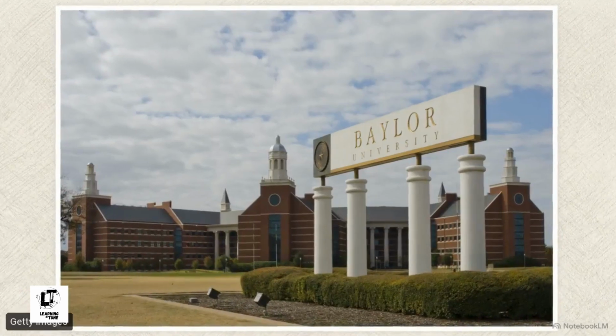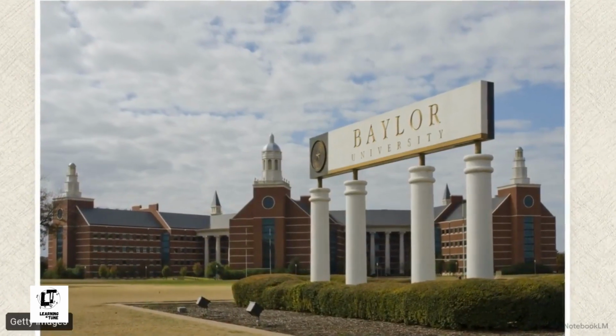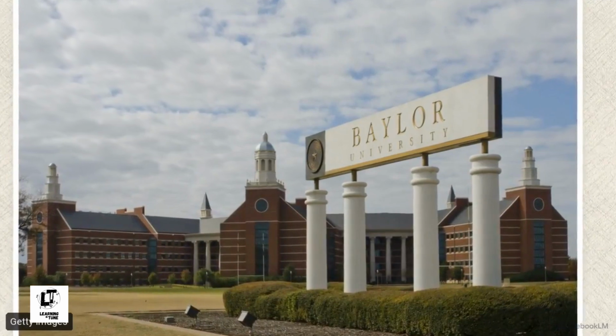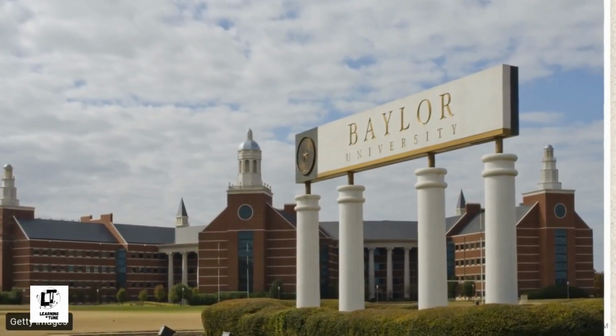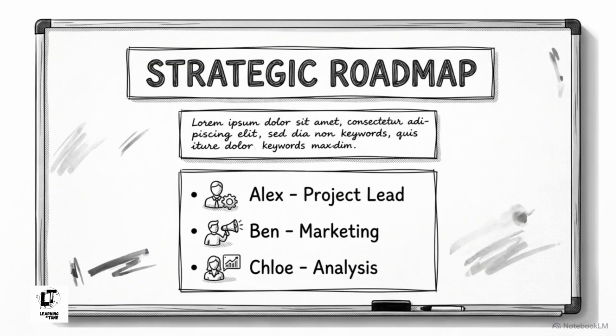For organizations with no existing strategic framework, Baylor University provides a generic, baseline plan for nonprofits, proving how scalable this architecture is. The foundational step is the overview and introduction. This defines the overarching organizational mission and formally designates the members of the IT planning team.